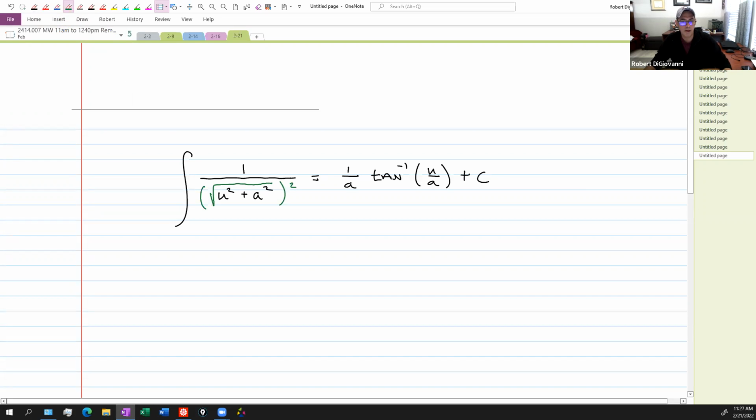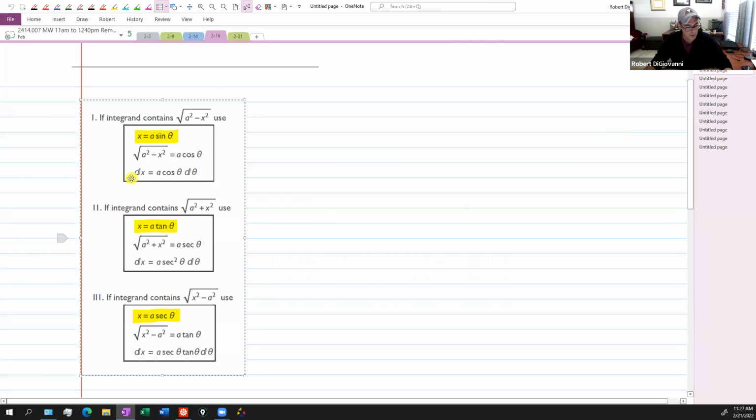squared, okay? And then use trig sub. Because do you see you have the square root of variable squared plus constant squared? So you go back to our table, this one here, and we make a substitution. We replace our x here; for us, we have u, but we replace it with a tan theta.